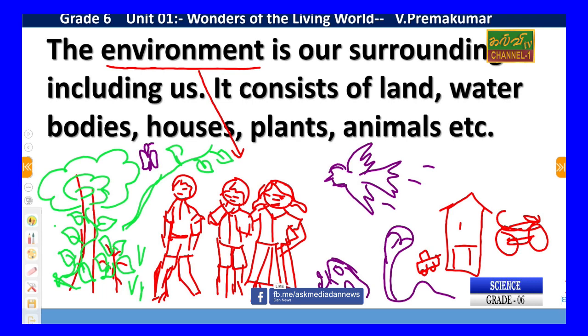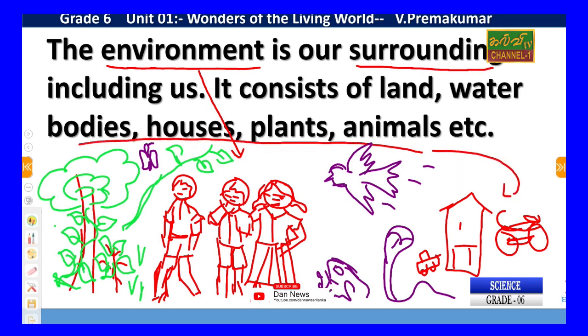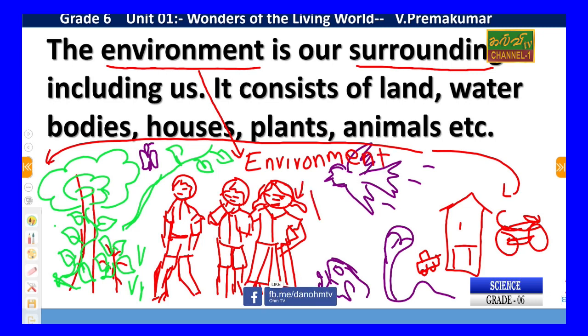The environment is our surroundings, meaning around us. You can see everywhere, that is around us, surrounding. This is the environment. Here you can find humans, toads, snakes, houses, birds, everything.